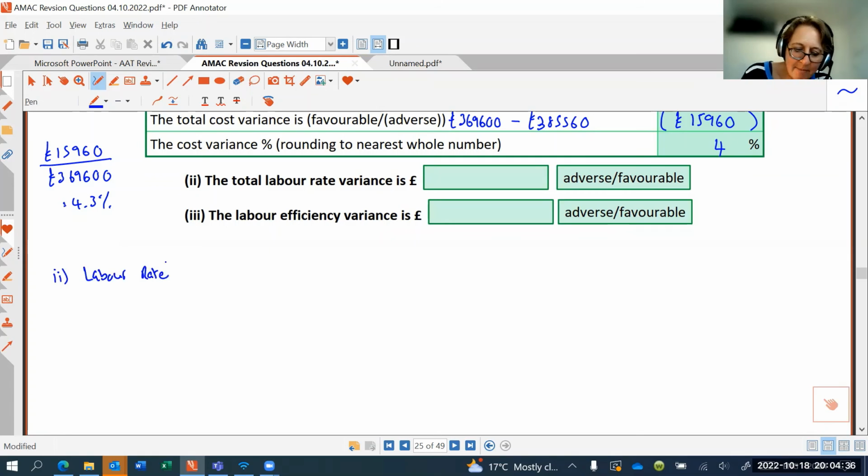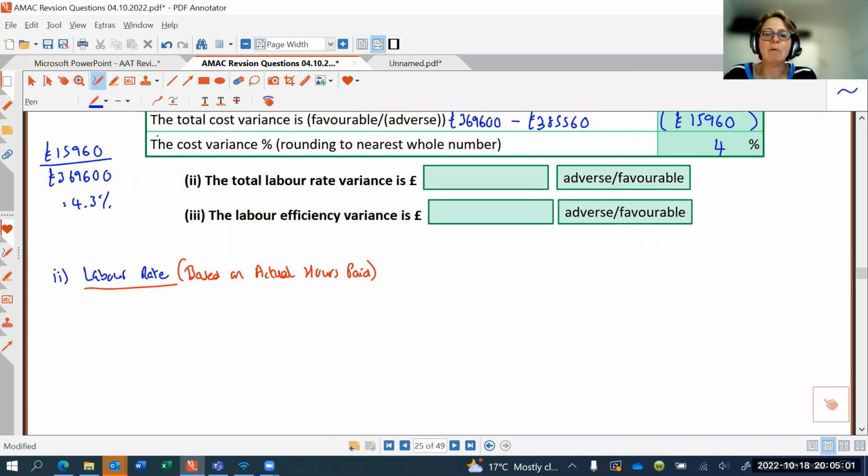Labour rate is just like material price. Material price was based on actual purchases. Well, this, again, we don't like to talk about buying people or buying hours from people. So let's say it's based on the actual hours paid. But it's just a turn of phrase, and this is just workings anyway. So if you want to put based on actual purchases, that's fine. That's basically what you're doing.